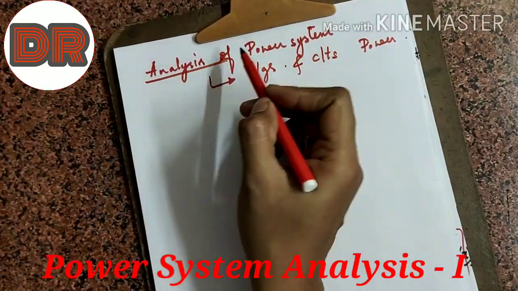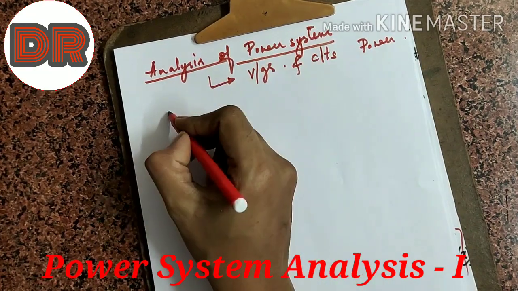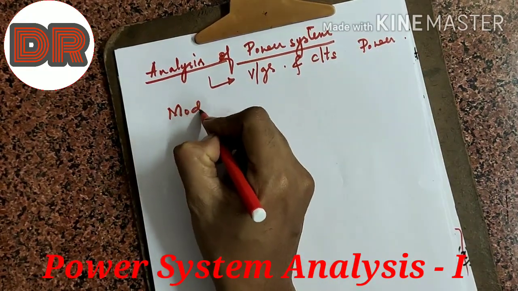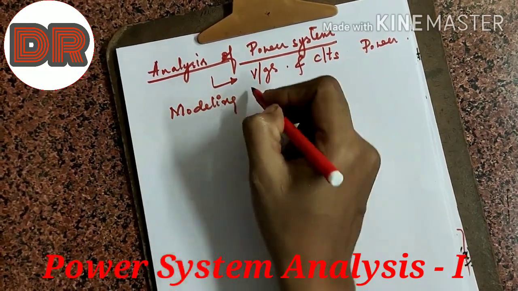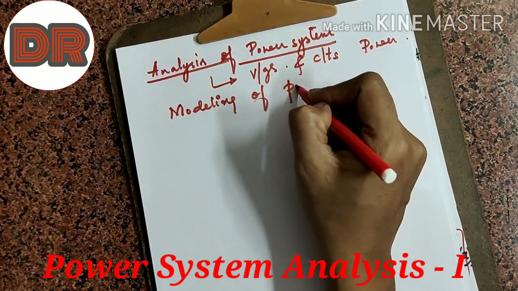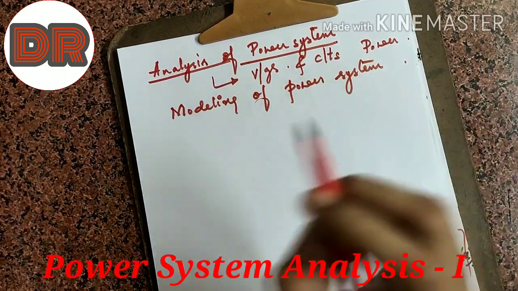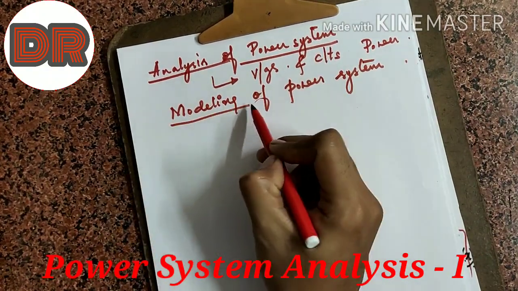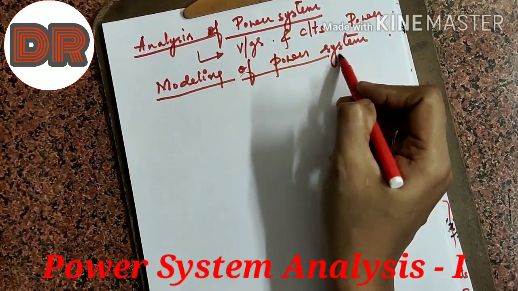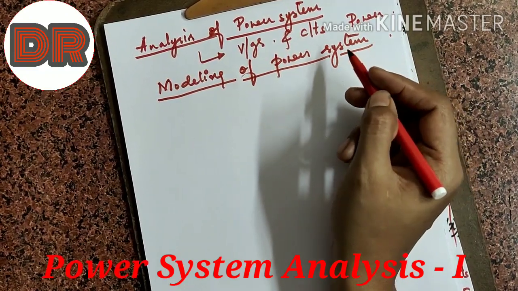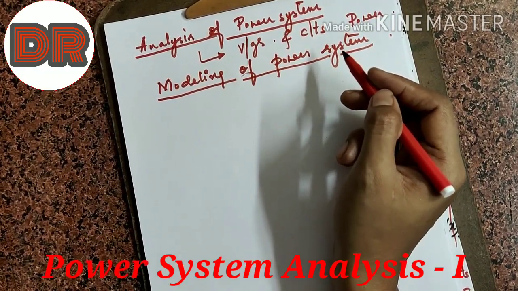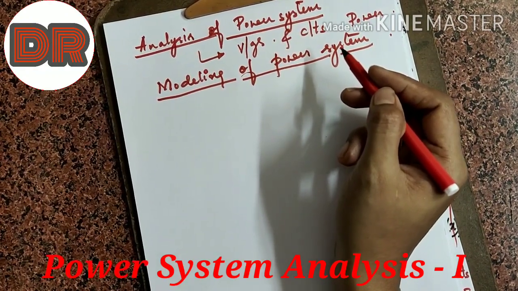So in order to do the analysis of a power system, we need modeling of the power system. To write the modeling, we need to know the circuit diagram of each and every component used in the system.